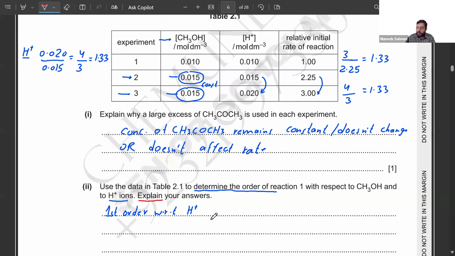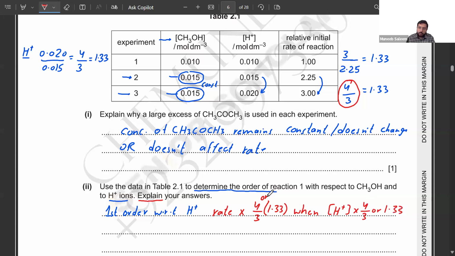For the explanation, the reason is that the rate is changed by a factor of 4 over 3, or you can also write that the rate has changed by 1.33, when the concentration of hydrogen ion was changed by 4 over 3 or 1.33.